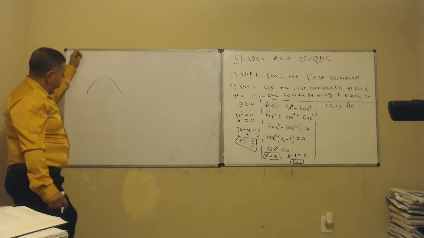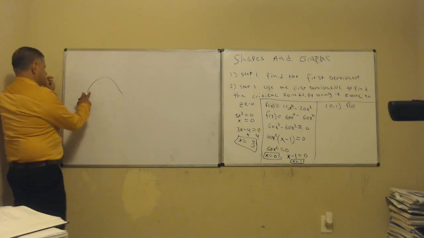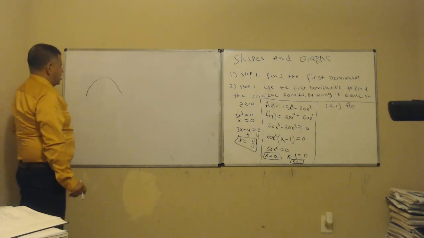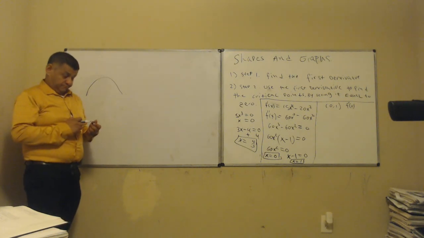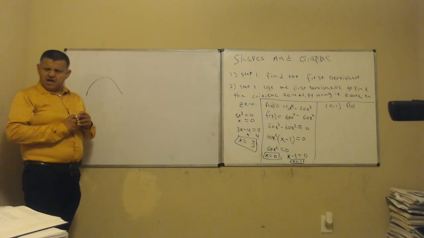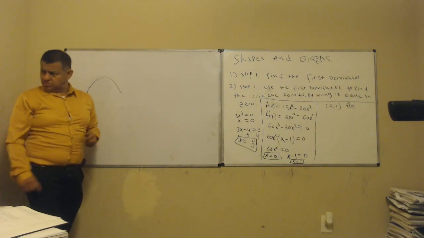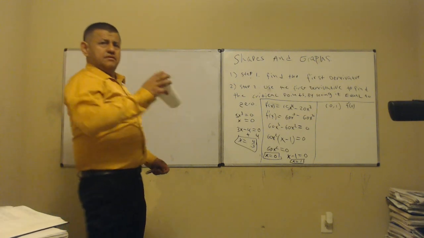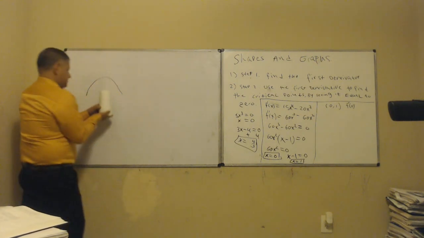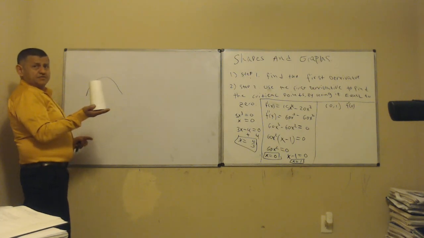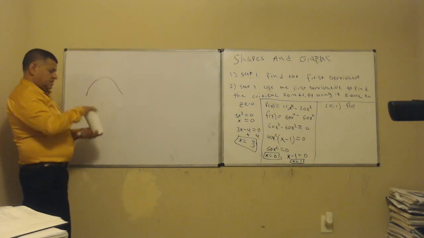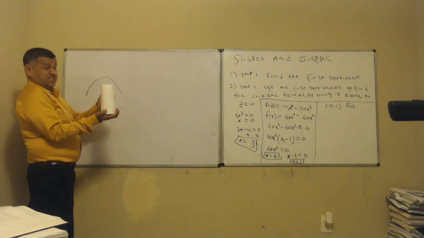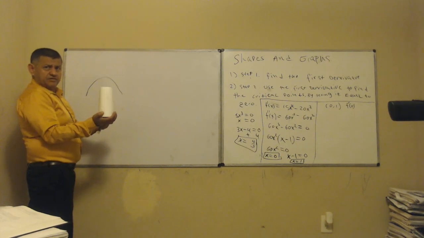Think about this. You hold a cup of coffee, maybe a cup. Hold it like this. What is the concavity? I have to put my hand in there because it's concave down.